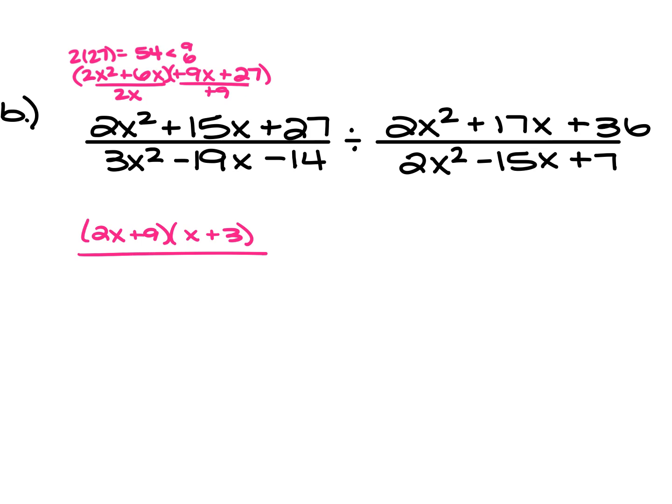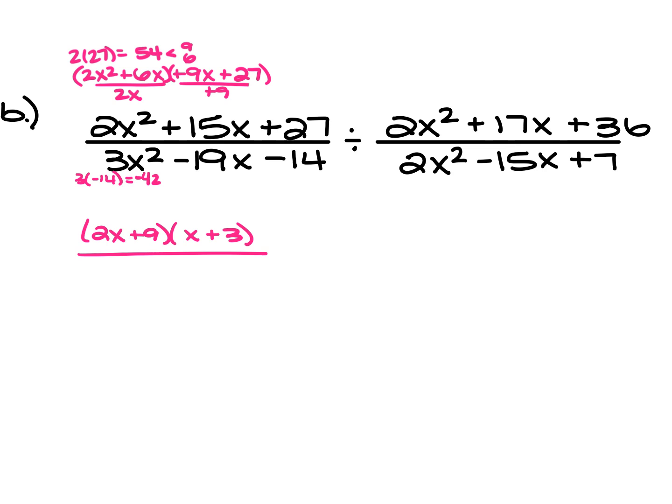In the bottom of that first fraction, you have a 3 and a negative 14 that you're multiplying together. The 3 times 4 is 12. We carry the 1, so 3 times 1 plus 1 gives us a negative 42. From here, we want the factors of negative 42 that add up to be negative 19.